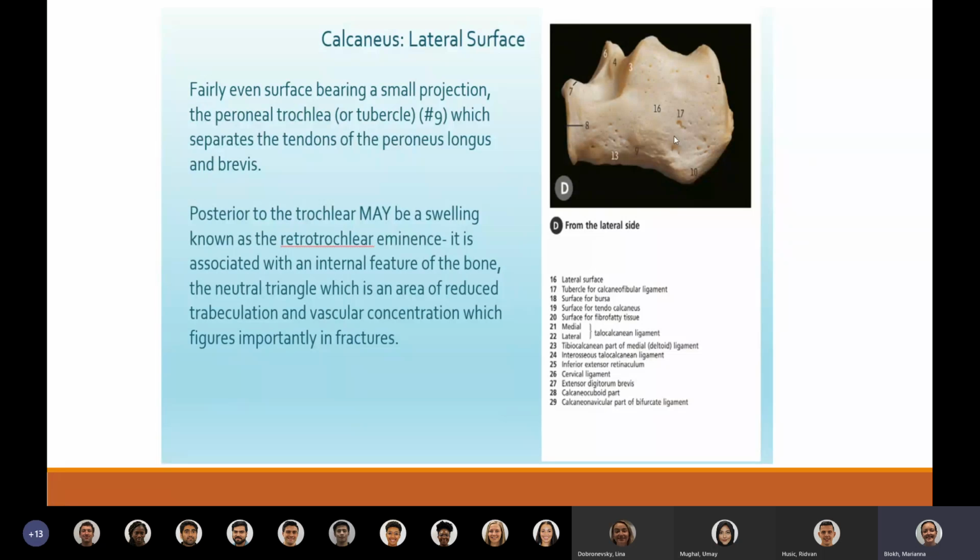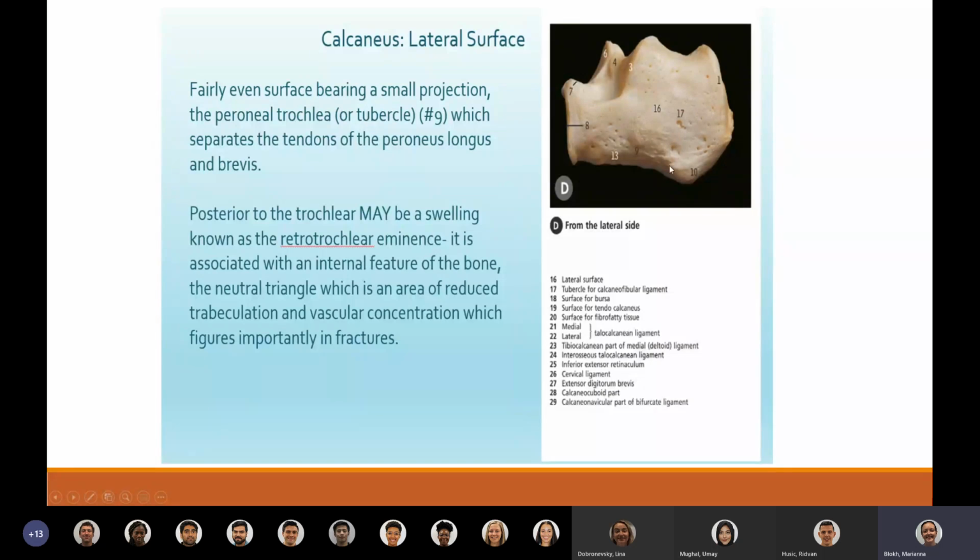What's important is that there is something called the neutral triangle of the calcaneus. It's in that area, somewhere right here, where there's reduced trabeculation and vascular concentration. That's where you have to watch out for fractures.